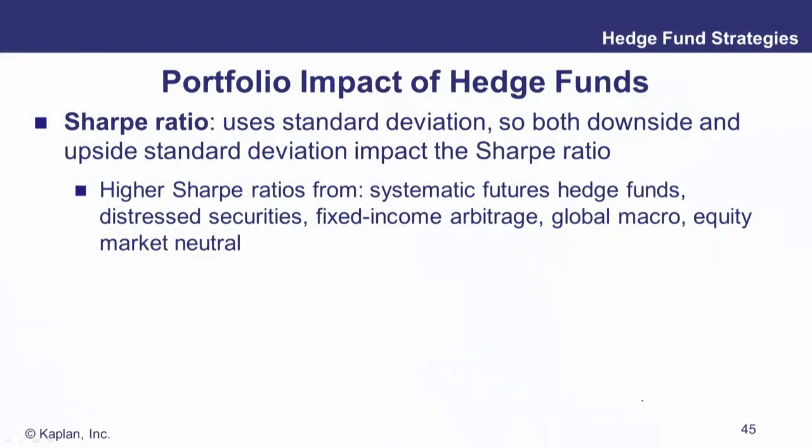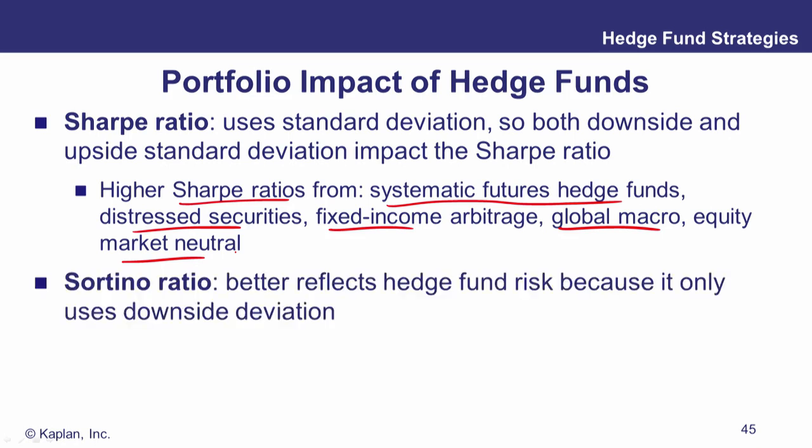Okay. On the next slide then, we've got the Sharpe ratio definition. We did it on the previous slide. Again, just some facts that have fallen out of historical analysis of hedge funds. Specifically, higher Sharpe ratios tend to come from systematic futures, distressed securities, fixed income arb, global macro, and equity market neutral.